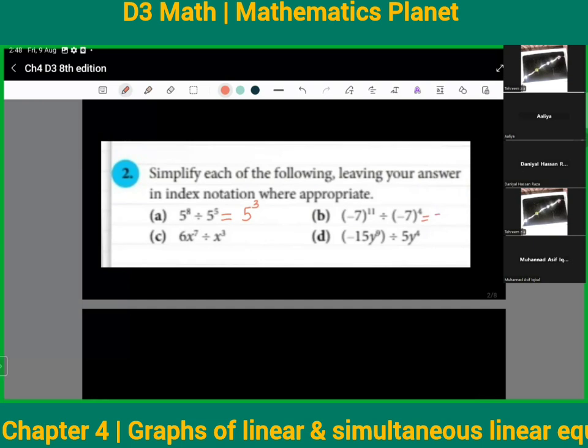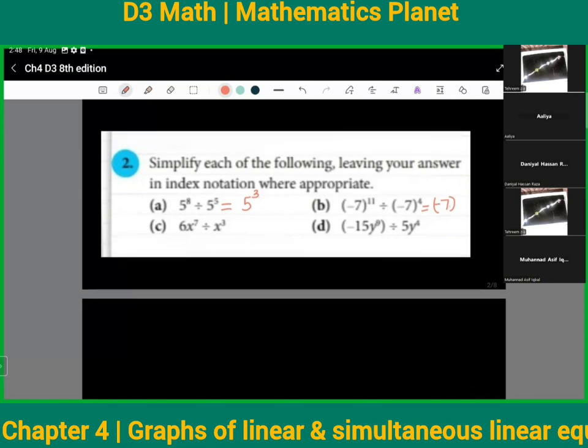Minus 7 to the power of 7. Yes, Alia, it should be 7. Okay, Mohammed, can you hear me? Yes, now I can hear. 6x to the power of 4.